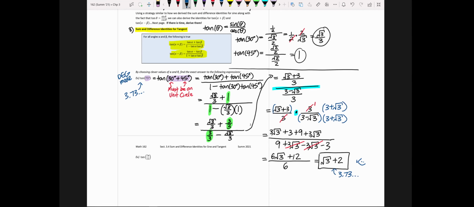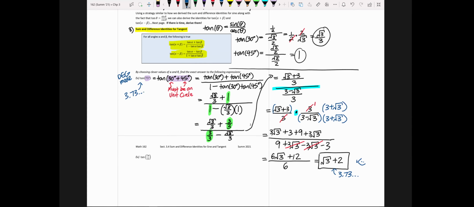So let me repeat the full solution in case the audio was cutting out. Step 1, we rewrote 75 degrees as 30 degrees plus 45 degrees. Step 2, we applied the appropriate identity. This is the sum and difference identity for tangent. Step 3, we are going to evaluate and simplify.